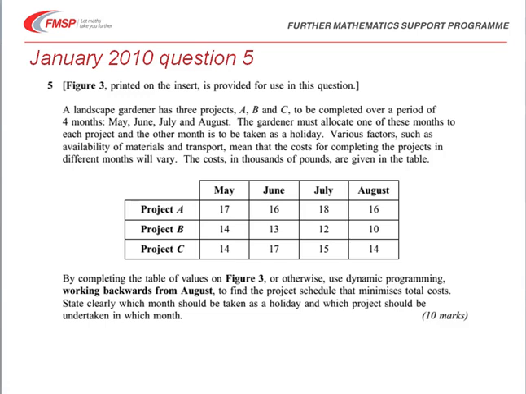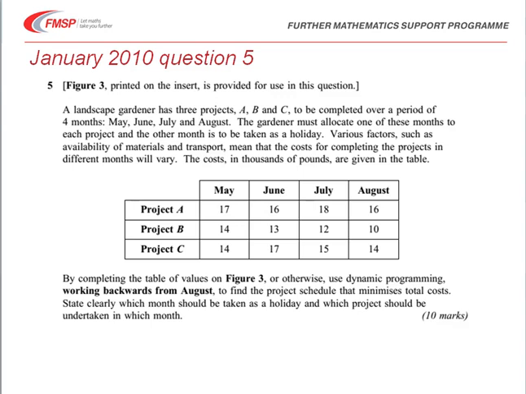We're told in the question that a landscape gardener has 3 projects to complete over a period of 4 months, May through to August. One of these months is going to be taken as a holiday. So there's various things that are going to affect the costs, but we're given the costs in this table in thousands of pounds.